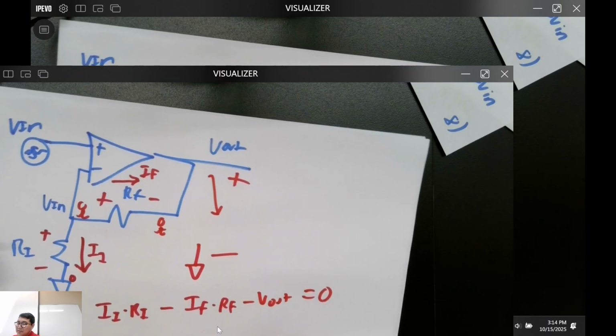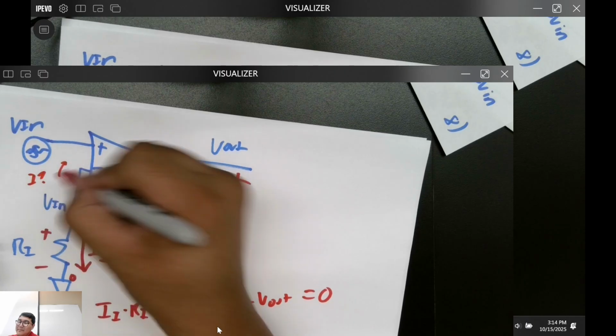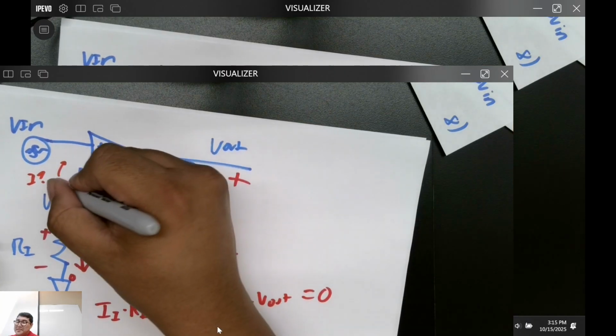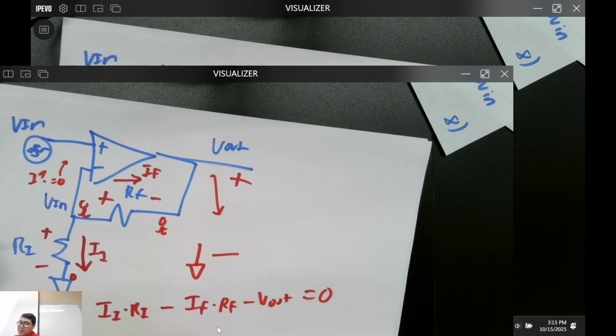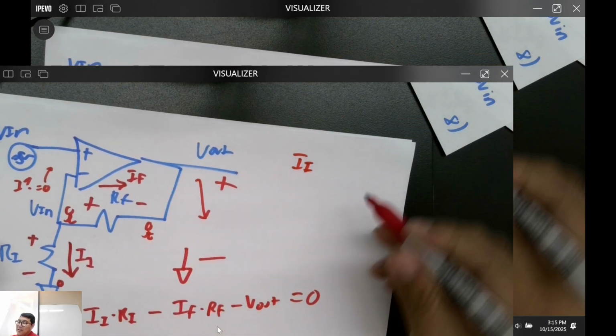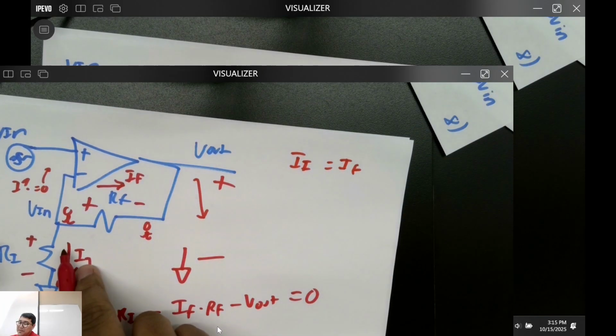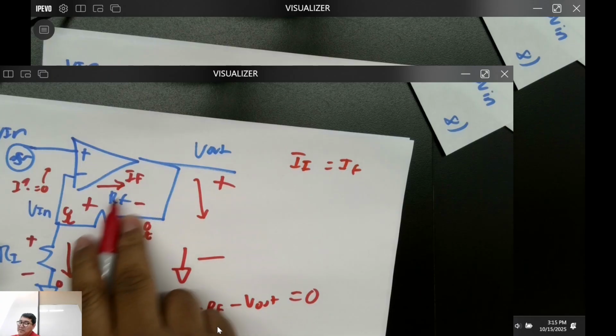So I guess we've got to start figuring out another thing. What's the current going in here? 0. All right. So what's one thing we can say about this II and this IF? How do they relate? Well, this one's going this way, but this one's going that way.